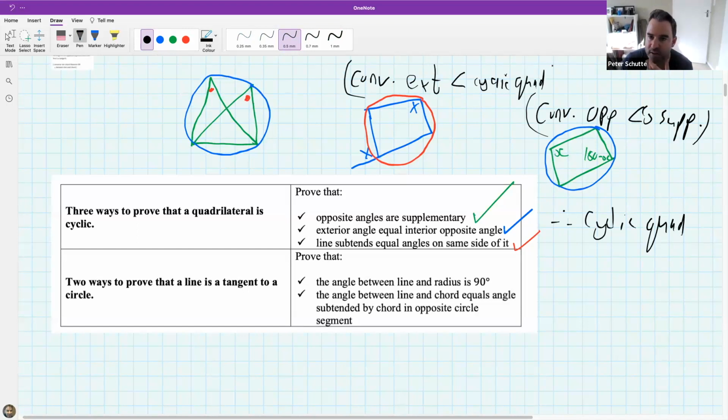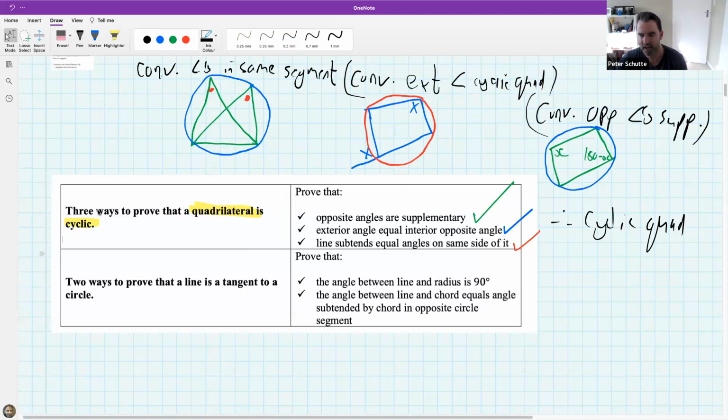I'll give you a summary later; this is me just showing it. This also shows that if you show the exterior angle equals the interior opposite, you've got a cyclic quad. And this is going to be called converse angles in same segment. So these are the 3 ways that we're looking out for to check. Can we use one of these ways to prove the quadrilateral is cyclic?